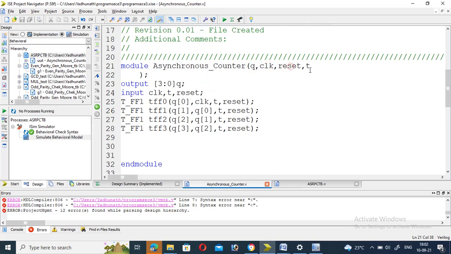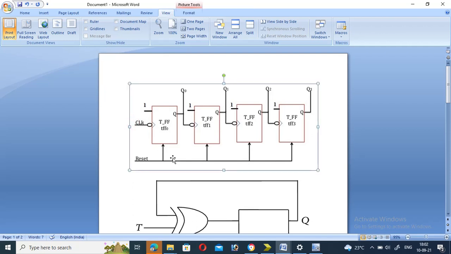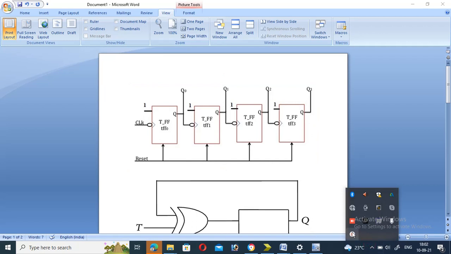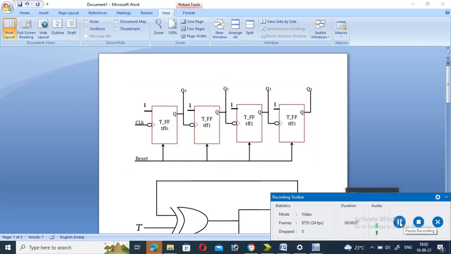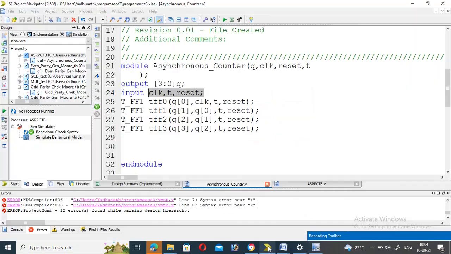Clock, reset, and T can be treated as inputs, because in the case of the T flip flop we are using a clock signal. So those are the combinations, right? Then we'll see the code for this T flip flop.